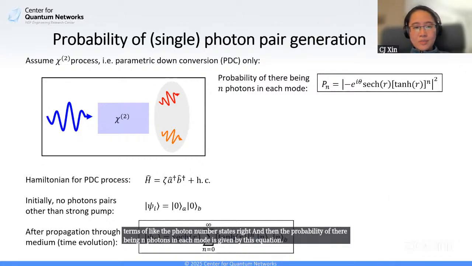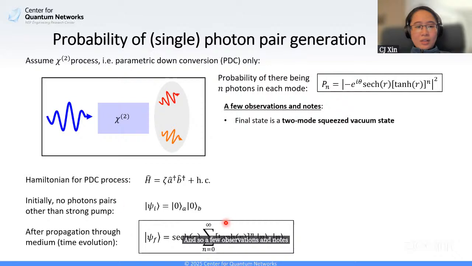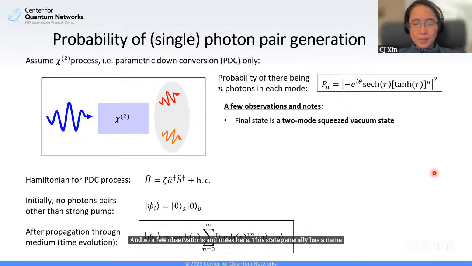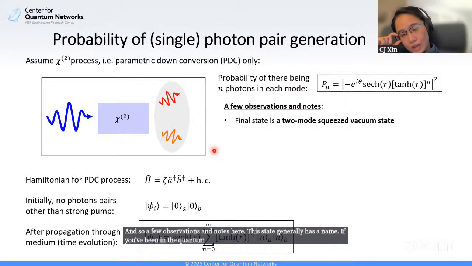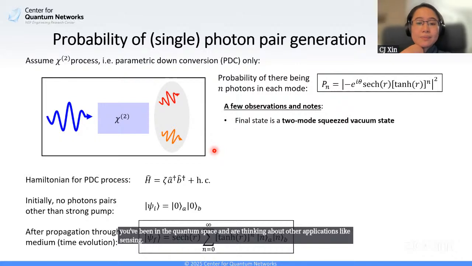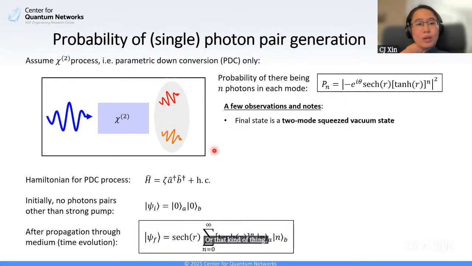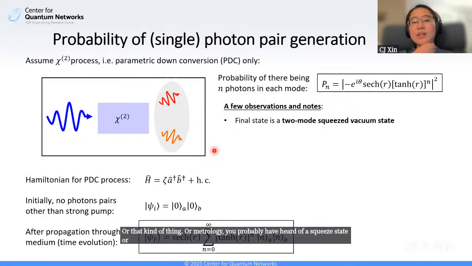A few observations and notes here. This state generally has a name. If you've been in the quantum space and are thinking about other applications like sensing or metrology, you have probably heard of a squeezed vacuum state. That's the general form that it takes.